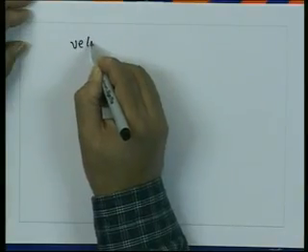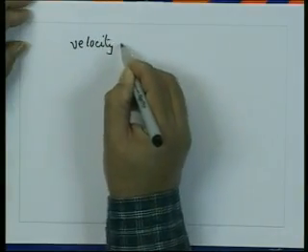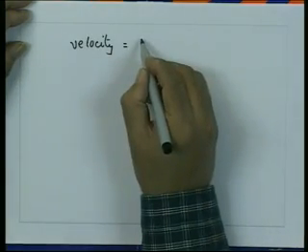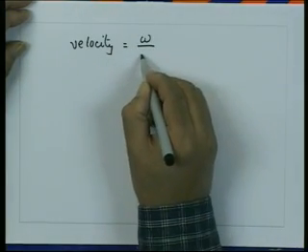Once we know the velocity, we can find out the frequency of the wave, because we know that the velocity for the wave is omega upon beta.